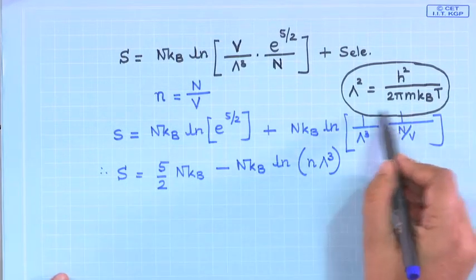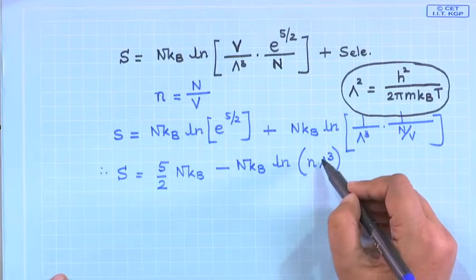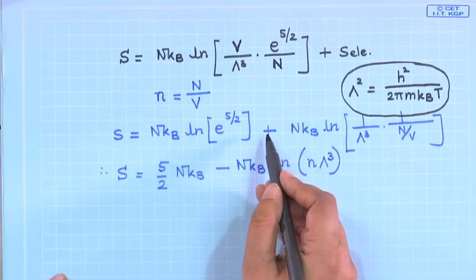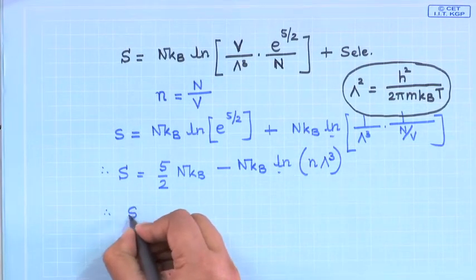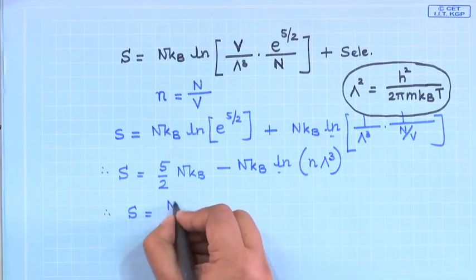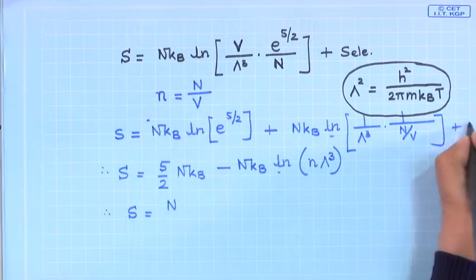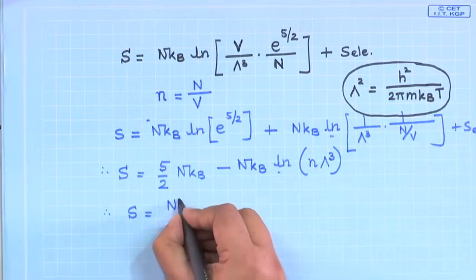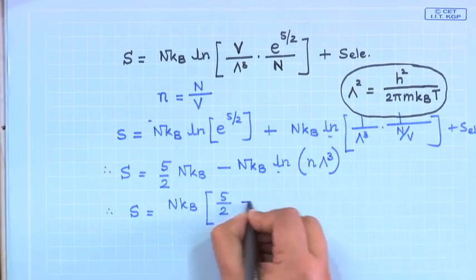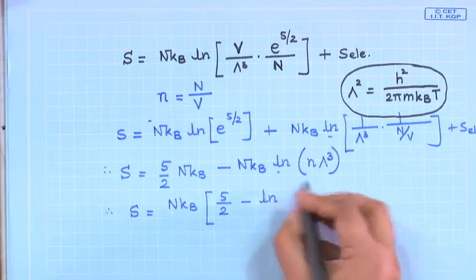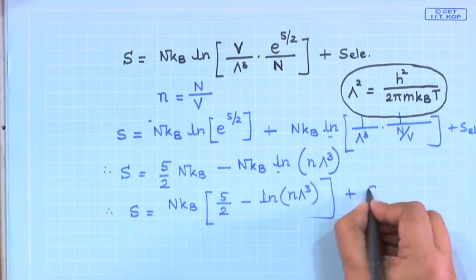So, what I have done is I understand that whatever I see here appears in the denominator. So, when I take it up, a negative sign comes over here because I have a logarithm here, and therefore I can very easily say that capital S in this case, and of course you have this plus S electronic, is n k_B multiplied by 5/2 minus ln n λ³, plus S electronic.